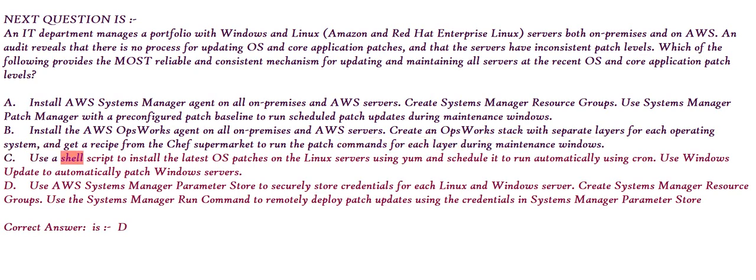C. Use a shell script to install the latest OS patches on the Linux servers using yum and schedule it to run automatically using cron. Use Windows Update to automatically patch Windows servers. D. Use AWS Systems Manager Parameter Store to securely store credentials for each Linux and Windows server.